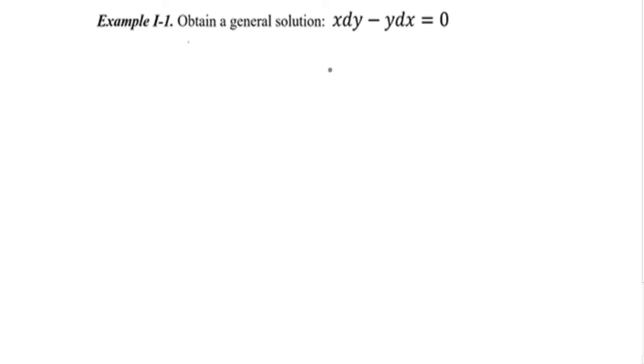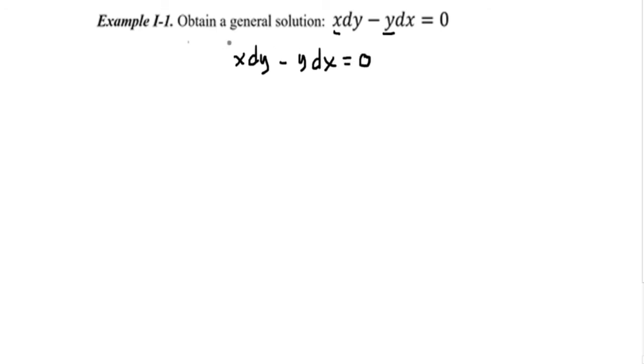In this equation, we're going to transfer x to dx and likewise transfer y to dy. But how are we going to do that one? Okay, we have here the x dy minus the y dx equals to 0.